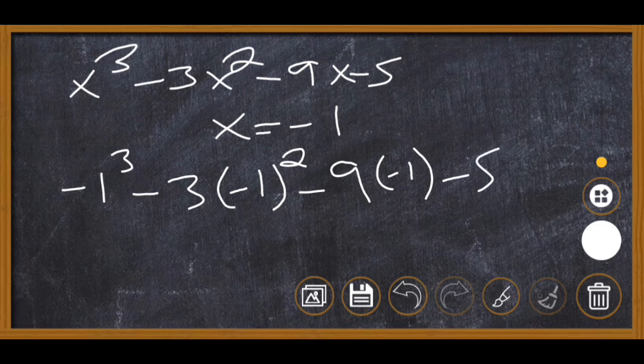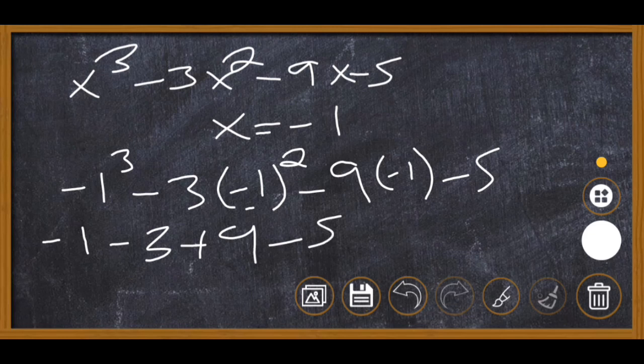So -1 raised to power 3 is -1. -1 raised to power 2 is +1. Then +1 multiplied by -3 is -3. Then negative multiplied by negative is positive, and 9 multiplied by 1 is 9. Then we have -5.